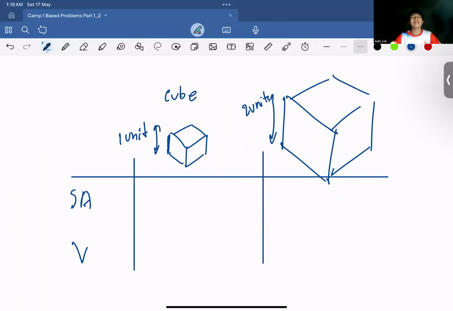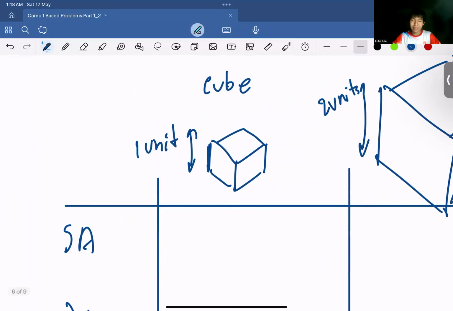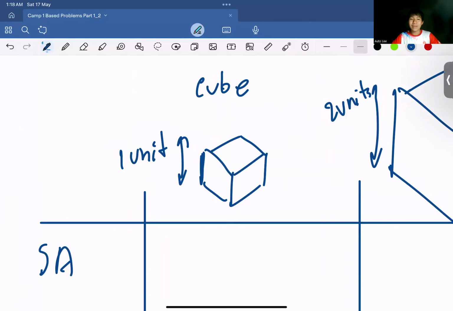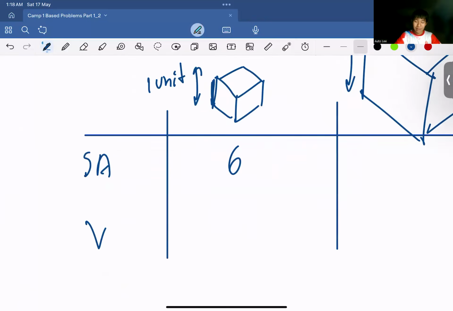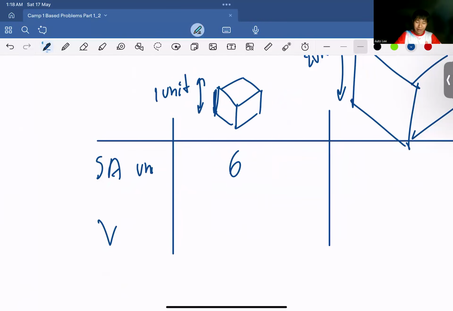For the smaller cell, each side is 1 unit, because each side is 1 times 1, so each side is 1 unit squared. A cube has six sides, so we do 1 multiplied by 6, and we get 6. In this case it's unit squared, but you don't have to be exact or technical with that.